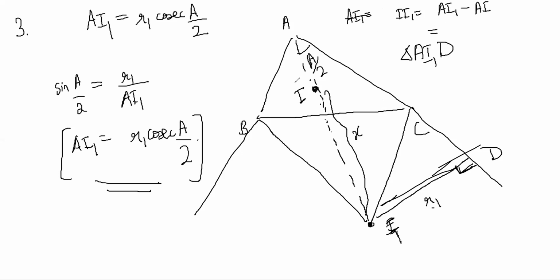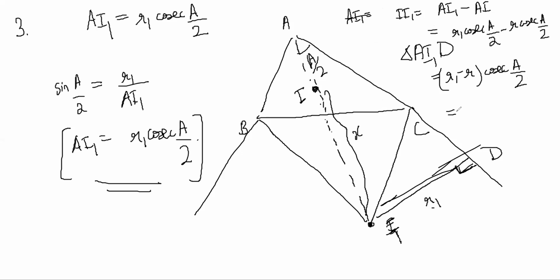AI1 comes as R1 cosec A by 2, and AI comes as R cosec A by 2, plus or minus A by 2. So it is just R1 minus R times cosec A by 2.